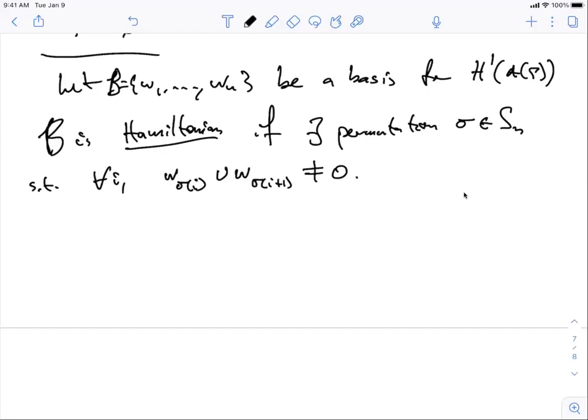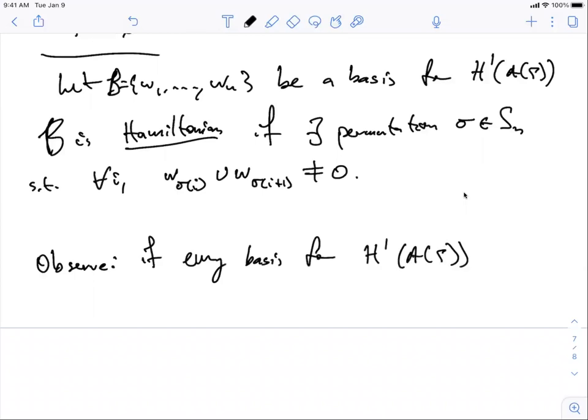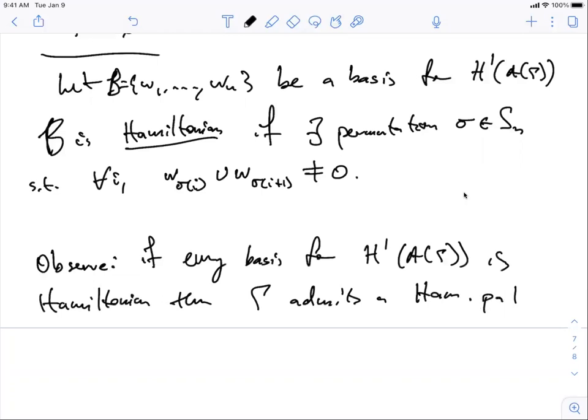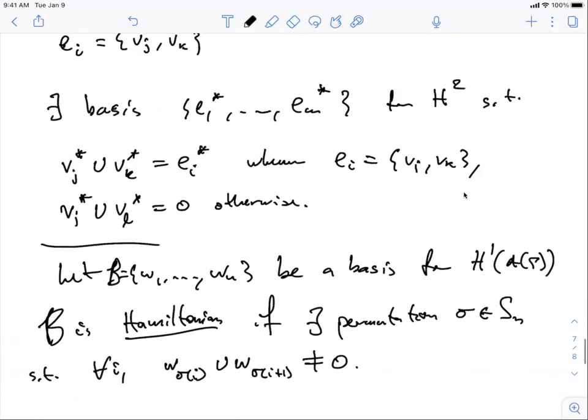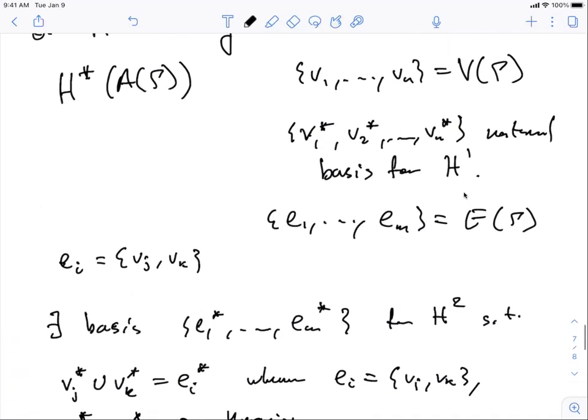So observe the following. If every basis for H upper 1 of A of gamma is Hamiltonian, then gamma admits a Hamiltonian path, simply because we just take the basis consisting of dual vectors to vertices of gamma.